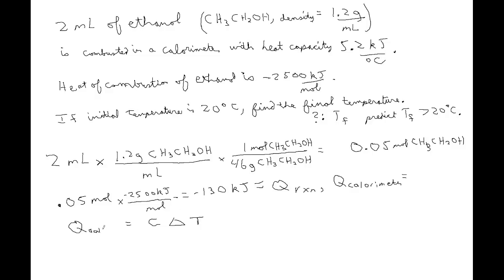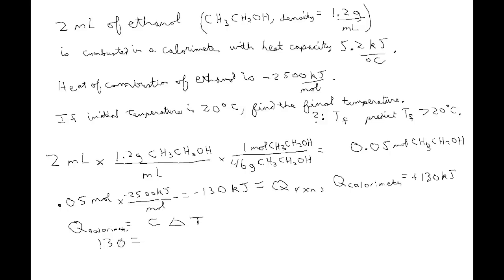What's the numerical value for the Q for the calorimeter? What number do we plug in for Q of the calorimeter? We put positive 130. So what number would you plug in here for Q of the calorimeter? 130. Yeah, now maybe I was wrong. It sounded like you were plugging in negative 130.